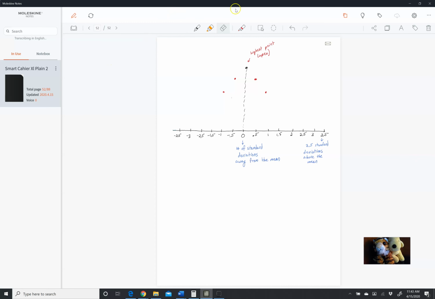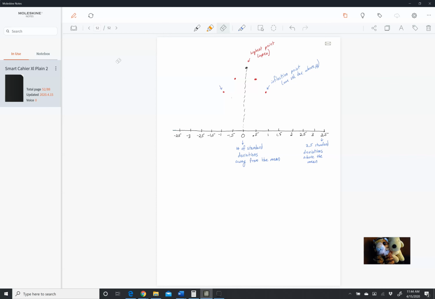Okay, these here are inflection points. Remember, that's 1 standard deviation above the mean.